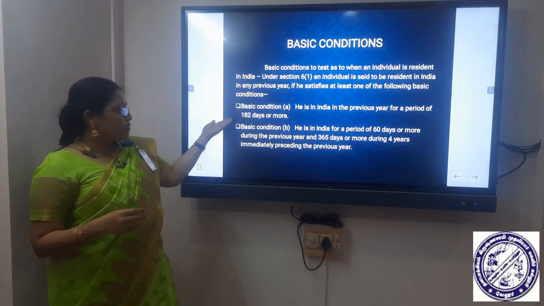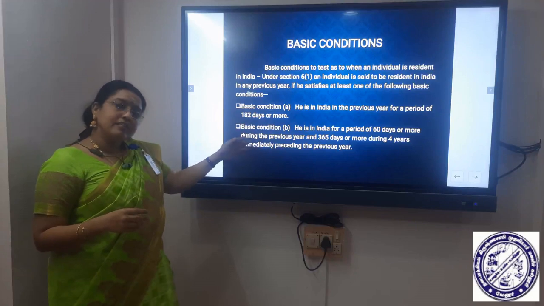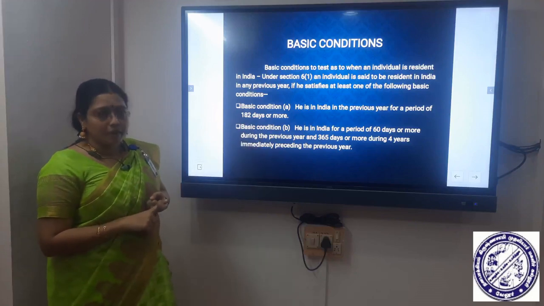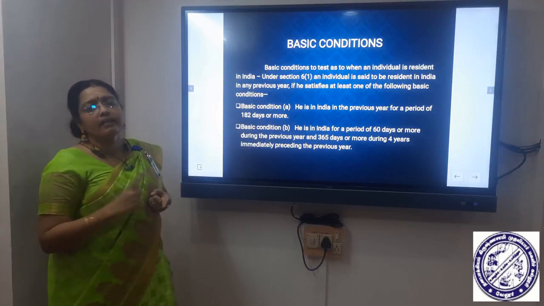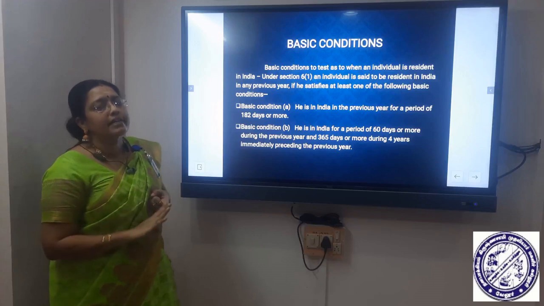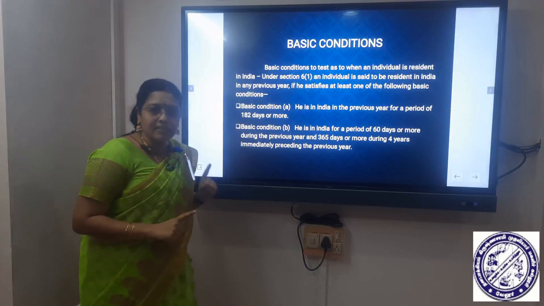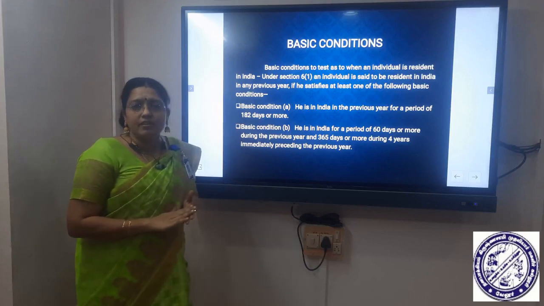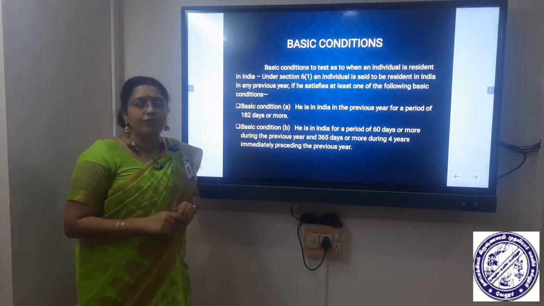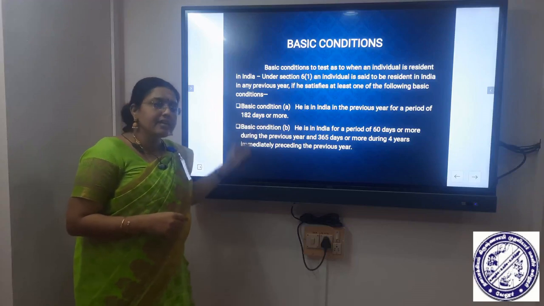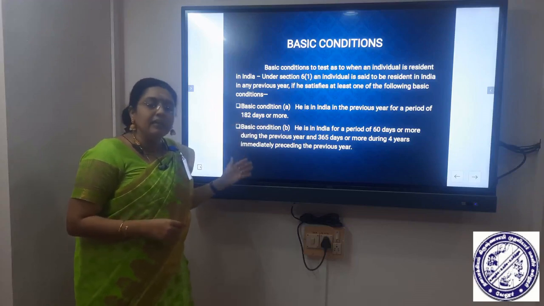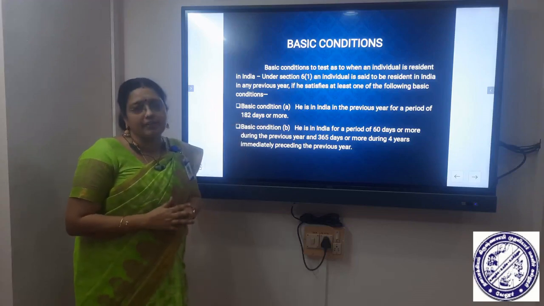In the place of 182 days, they can go for 60 days. If they satisfy 60 days, then they have to satisfy another condition: in the preceding 4 years, 365 days. So if they satisfy any one of the basic conditions, they get the status of resident of India. If they didn't satisfy both conditions, they get the status of non-resident.